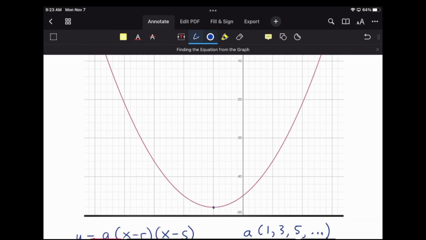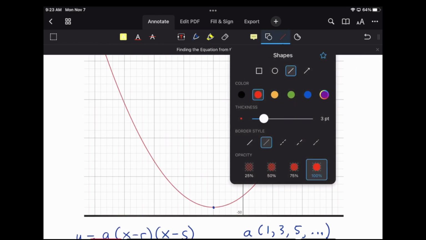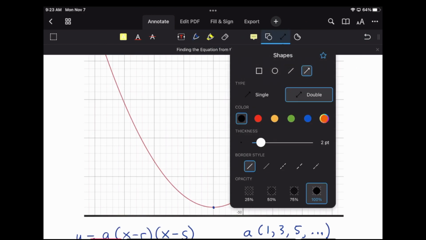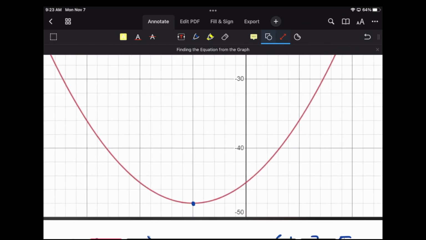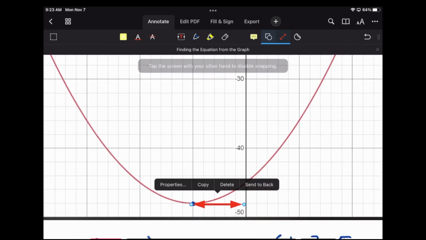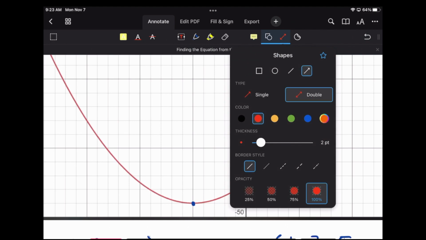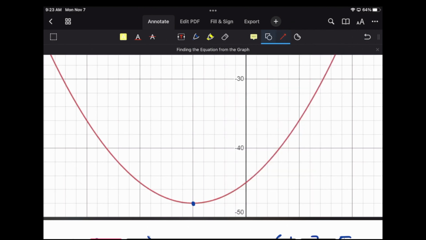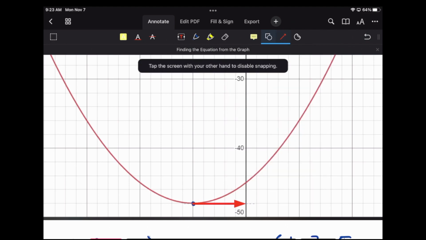We're going to start at our vertex, and I'll keep this tidy. I'll use one of these tools. We're going to start at the vertex, and we're going to go over 1, and then we're going to go up. The question is, how far did we go up by?